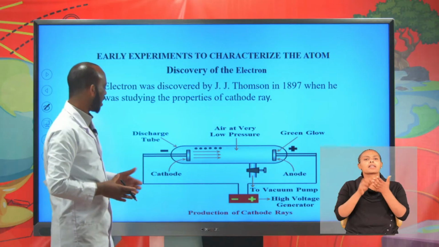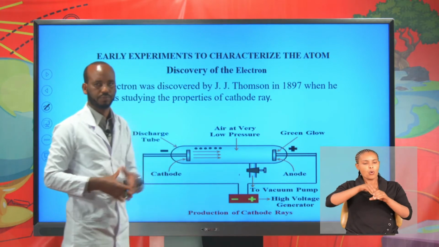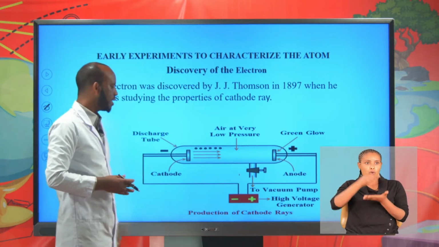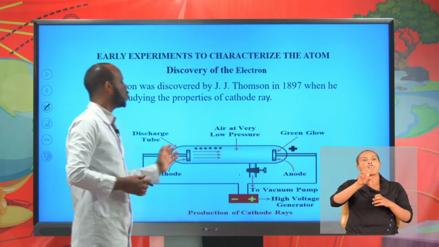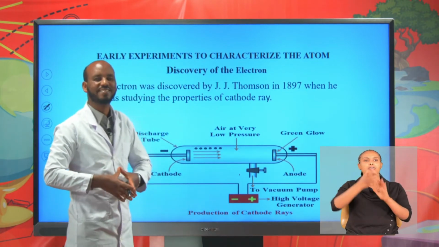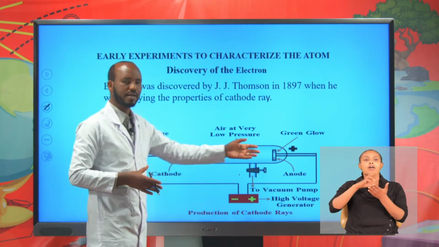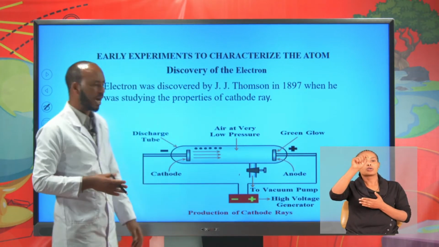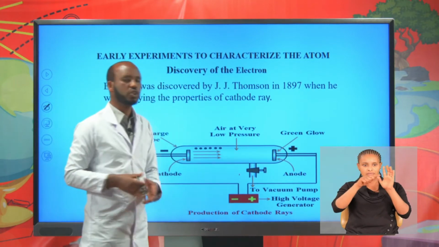That means air was pumped out from the tube. Then he applied a high electrical voltage between the two electrodes at either end. The two electrodes are cathode and anode. Cathode is negatively charged electrode, anode is positively charged electrode.